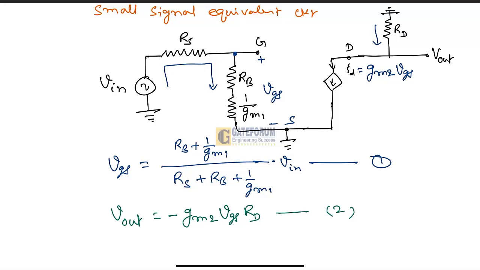Here gm2 VGS is the current passing through RD. As per the voltage polarity, this will be plus and this will be minus, so Vout is minus gm2 times VGS times RD, the current through RD times its resistance. So we got this equation.